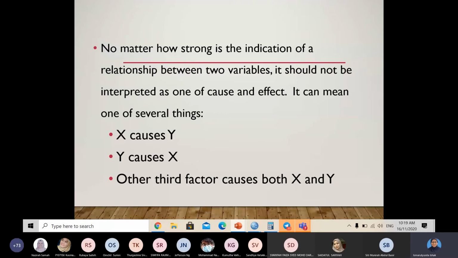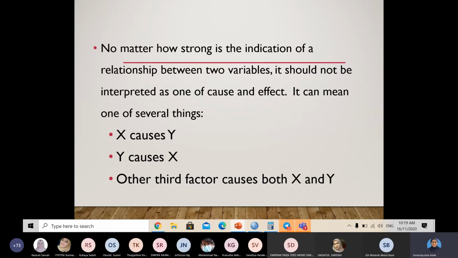So when you want to do the summary, the conclusion for correlations, you can just say that there is a correlation or there is an association between this and this. You cannot say that this one can affect or influence this one.